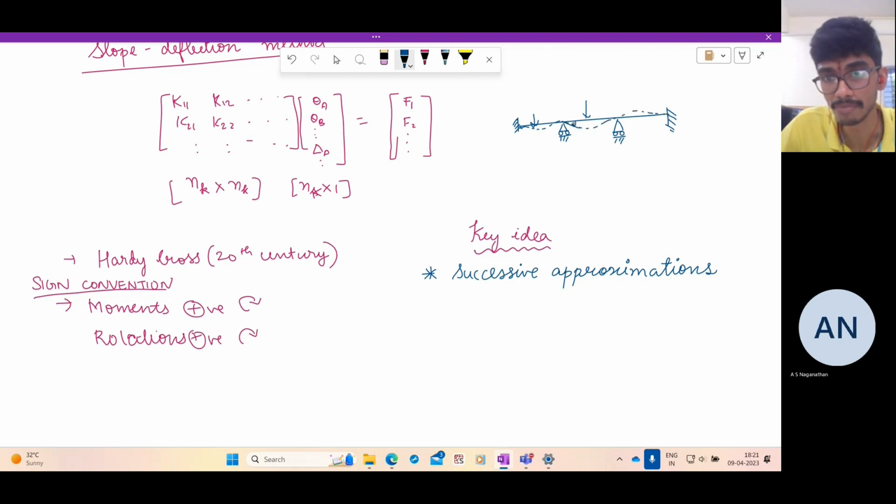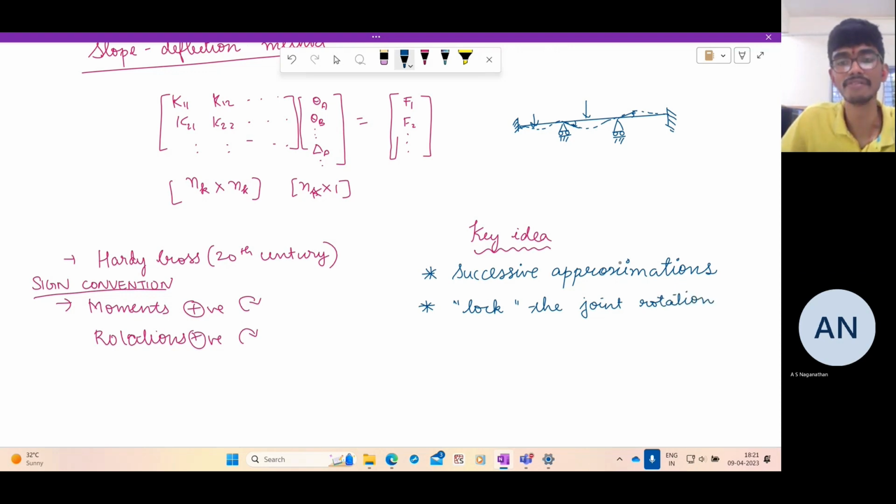So this joint is going to rotate by some theta. This is also going to rotate by some theta. For a moment in this method, we'll assume that the joints are locked from rotating freely. So we are virtually locking the joint from rotating. Lock the joint rotation.